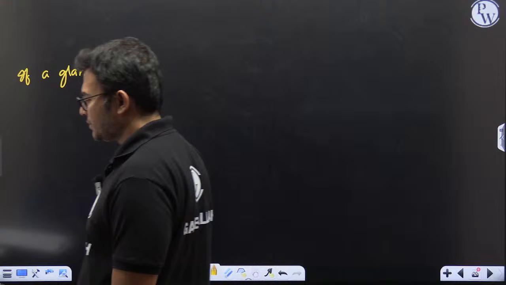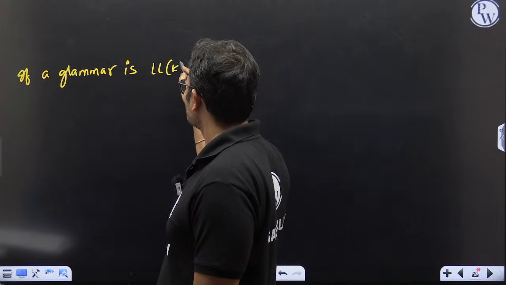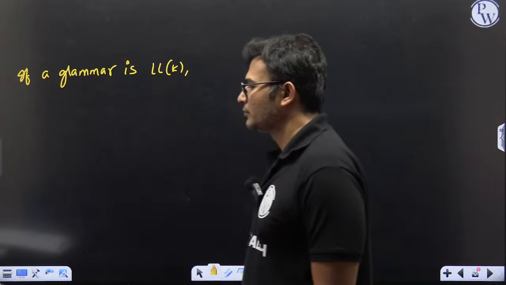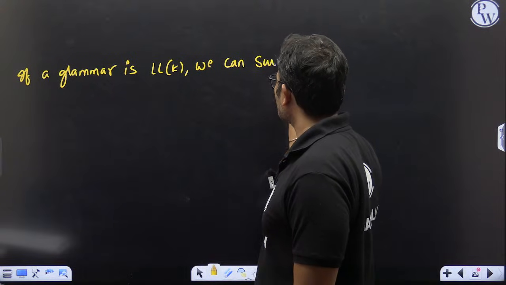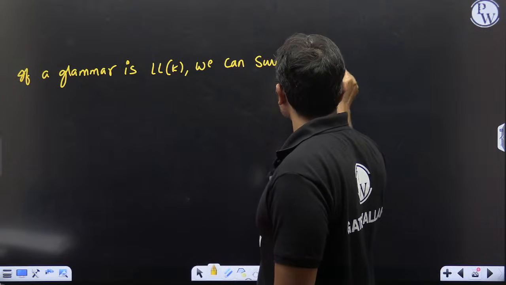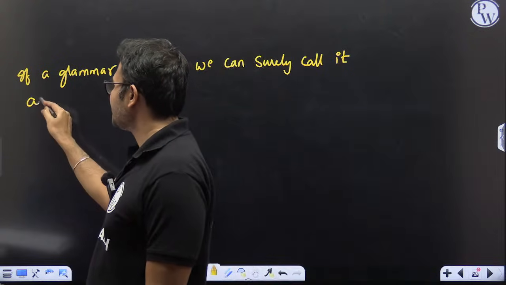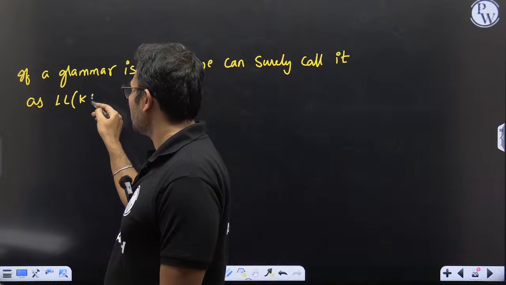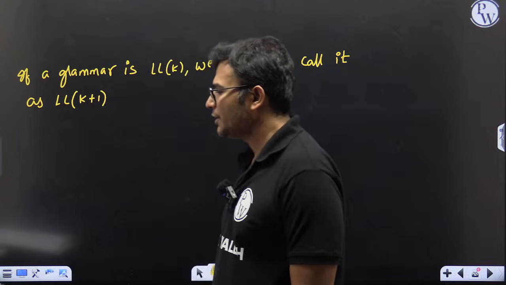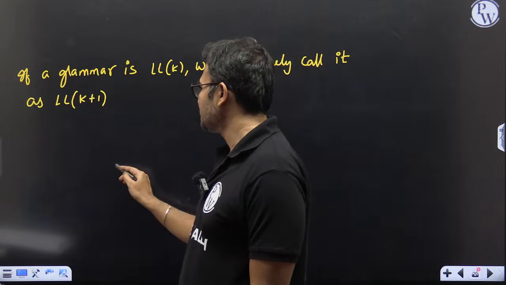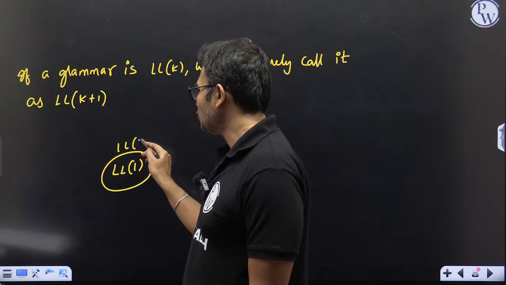If a grammar is LLK, we can surely call it as LLK plus 1, which means if it is LL1, you can call it as LL2.